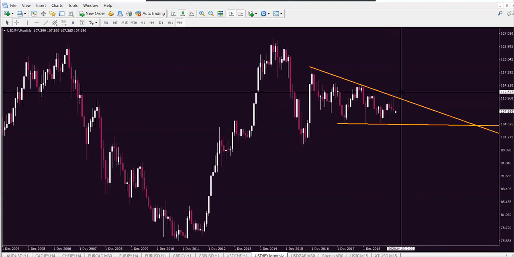If we get a break above this point right there, this would be explosive. If we get a break above this point, I see price going up to this point, and that's 1200 pips.